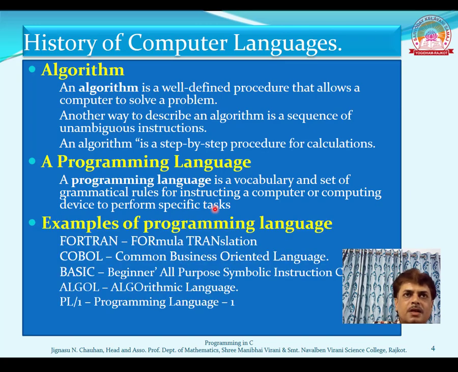Let us see certain examples of programming languages. Fortran, COBOL, BASIC, ALGOL and PL1 are a few examples of the programming languages which were being used in the 60s and 70s.